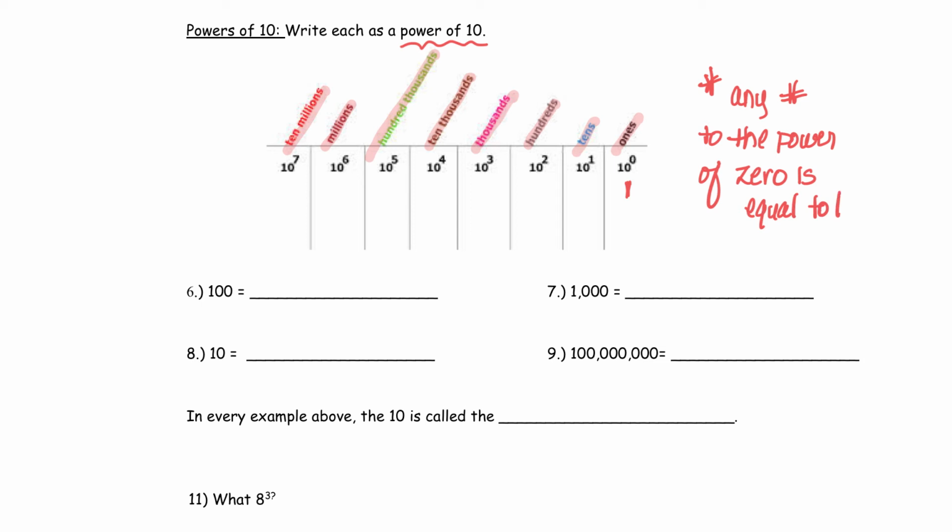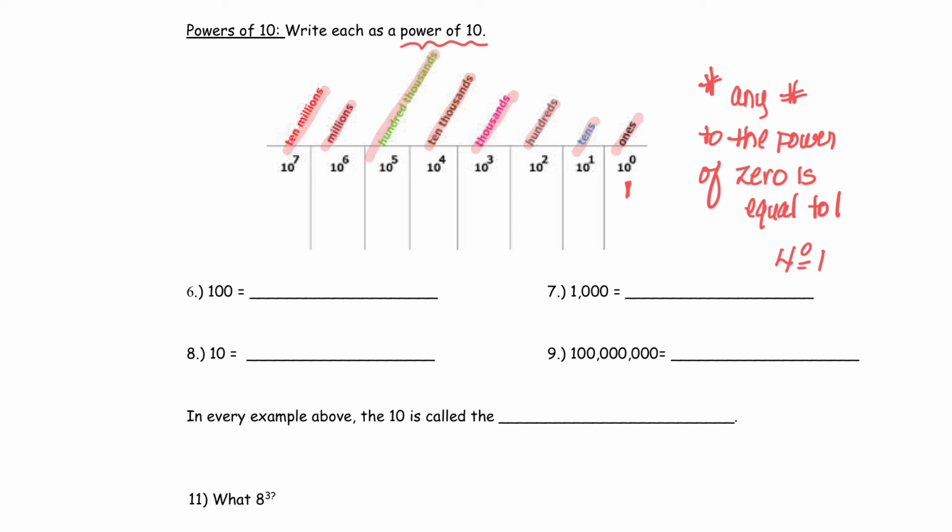So if you have 10 to the 0 power, that value is going to be 1. If I had, as an example, 4 to the 0 power, that is equal to 1. You would think it would be equal to 0, right? But it is equal to 1. So you need to know that any number to the power of 0 is always equal to 1.